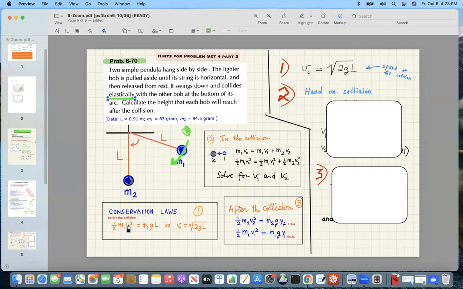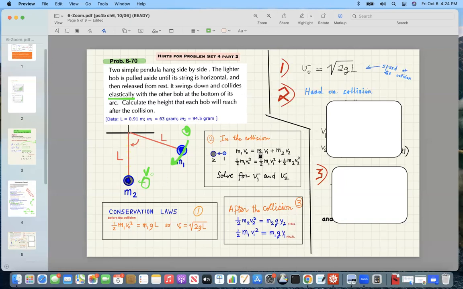So that's 1/2 mv0 squared, where v0 is the velocity when they collide. Just before the collision, this has velocity v0. 1/2 mv0 squared is mgl, so v0 is the square root of 2gl. Okay, now they're going to go to the collision. That's part two.